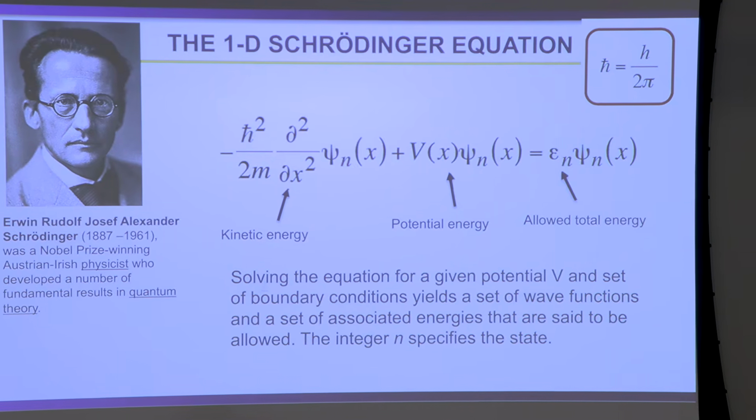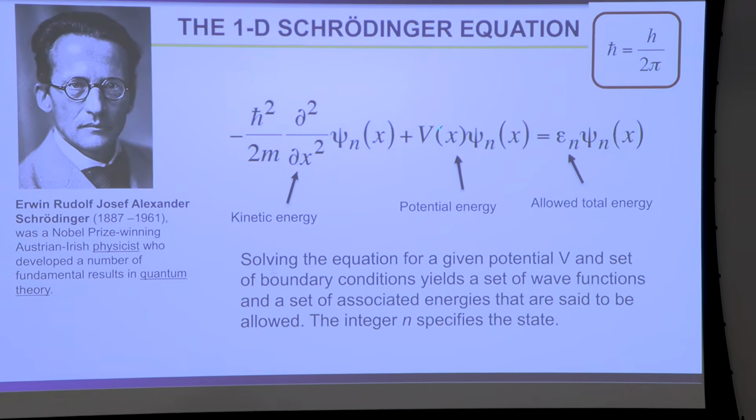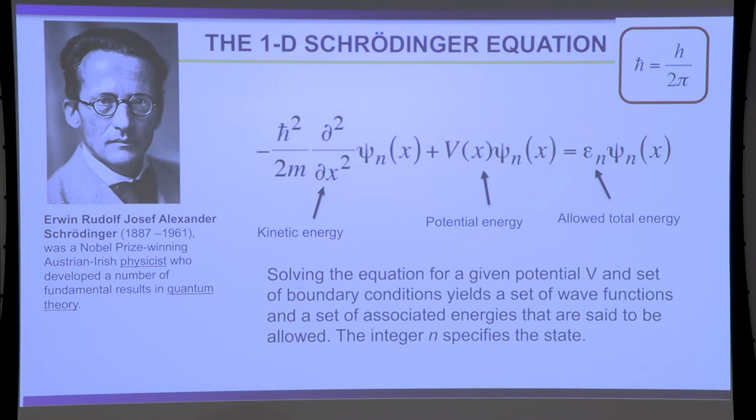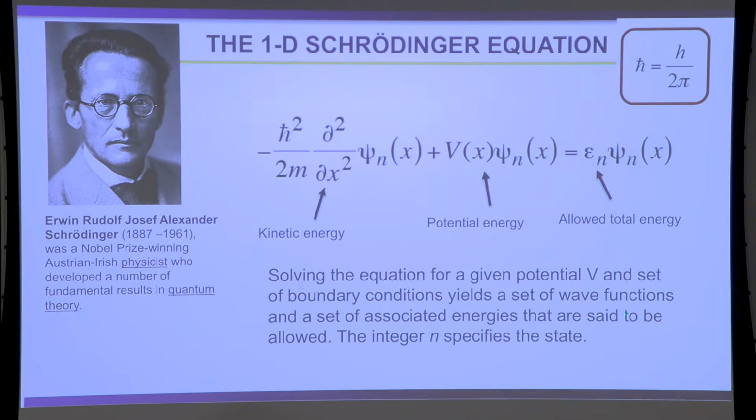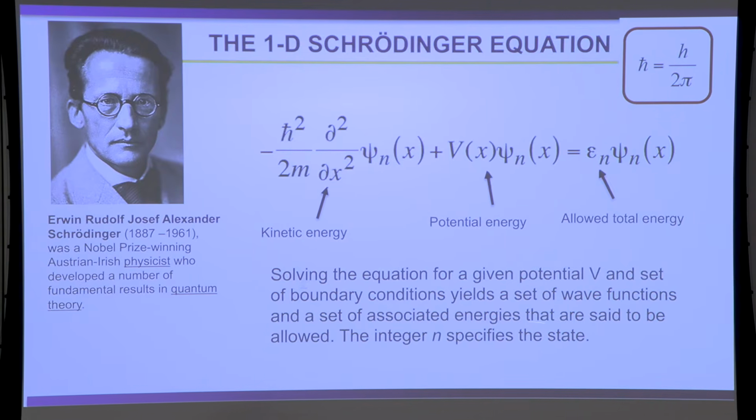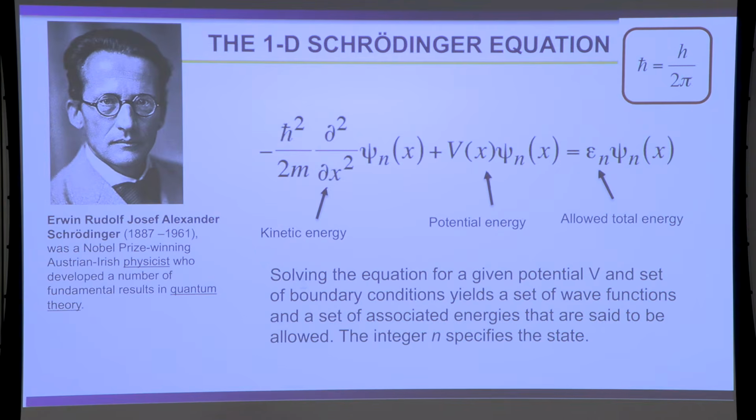Solving the equation for a given potential V and a set of boundary conditions, like a molecule in a box, yields a set of wave functions and energies that are said to be allowed. N is basically the specified state.